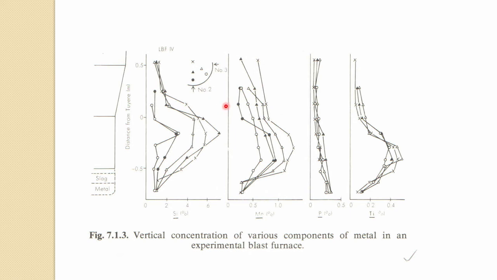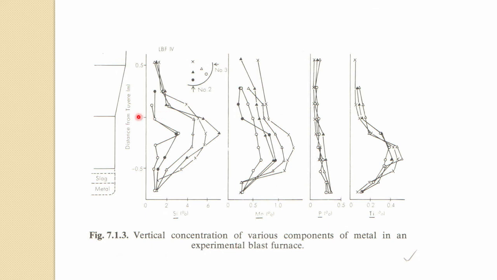So with the carbon in the coke, even SiO2 can react and form silicon carbide, and through that, some silicon pickup occurs when the hot metal flows through that silicon carbide layer. But of course, the major one is the gaseous phase of silicon monoxide through which the silicon transfer to the hot metal occurs, and these are the results of the experimental blast furnace.